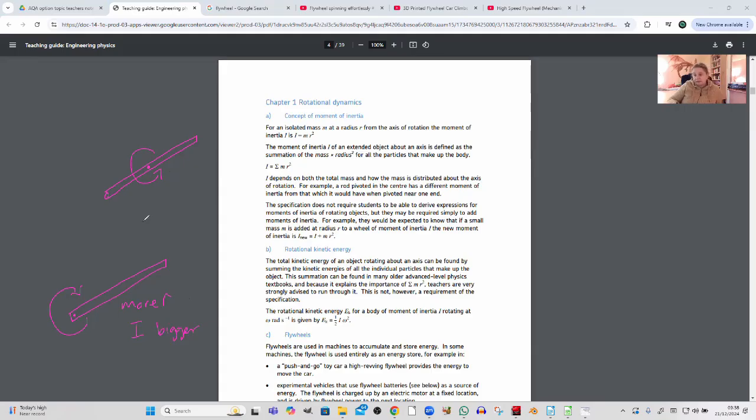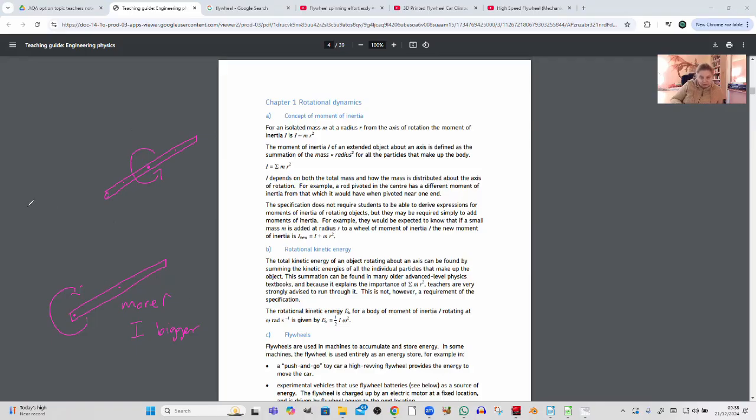It's the same mass, right? And r here is smaller, relative distance from the centre of rotation. Effectively, you've got a bit there and a bit there. But here it's there, and that distance is twice this distance. So I will be bigger in this second situation.